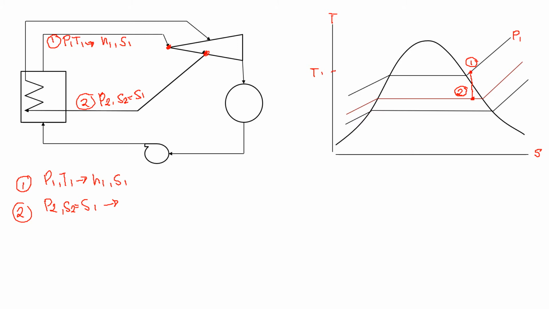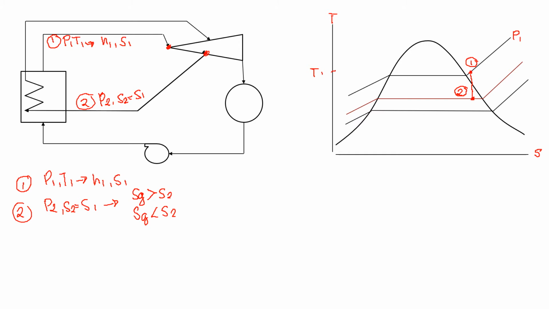If you see that the value of your Sg is greater than S2, then you look into the saturated table. However, if your Sg is lesser than S2, you look at the superheated steam table and interpolate.